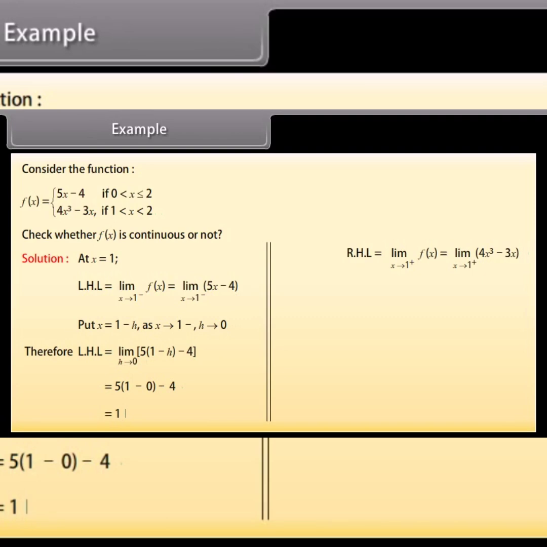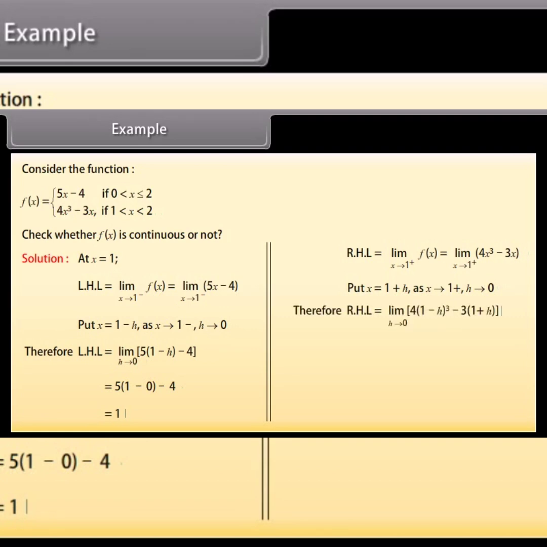Right-hand limit is equal to limit x approaches 1 plus f of x is equal to limit x approaches 1 plus 4x cube minus 3x. Put x = 1 plus h, as x approaches 1 plus, h approaches 0.